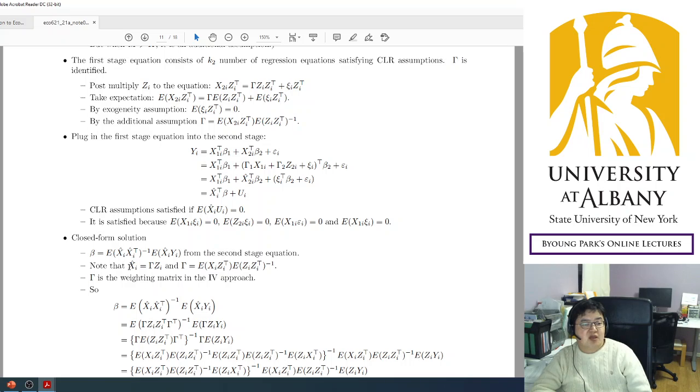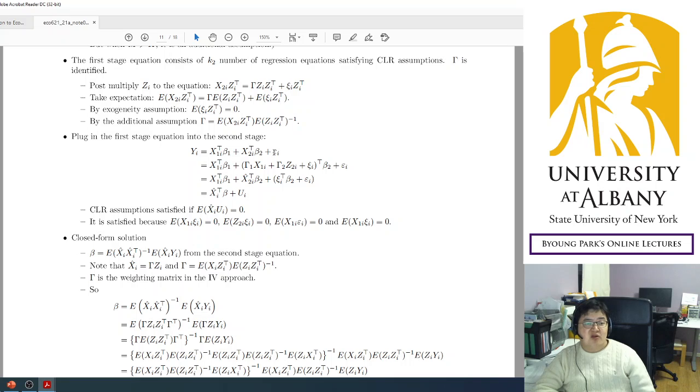Here it is. x hat is defined in this way. And from the second stage equation, we have beta defined in this way. Remember, this is how we identified it in the classical linear regression. Using the same formula and the same derivations, and gamma is from another regression.